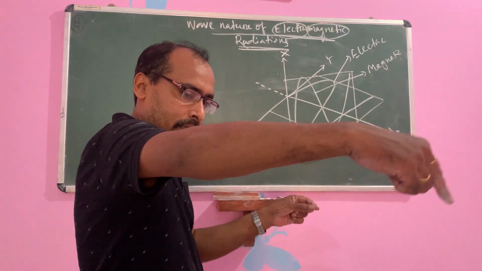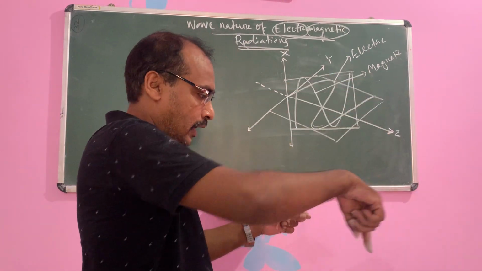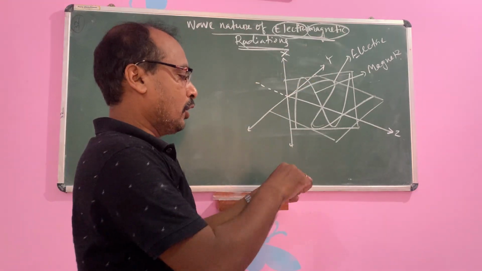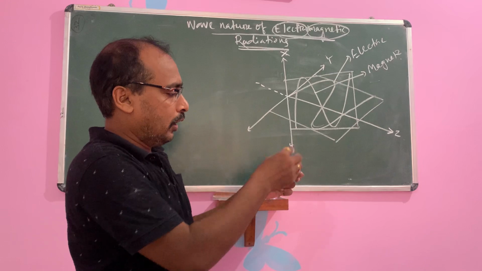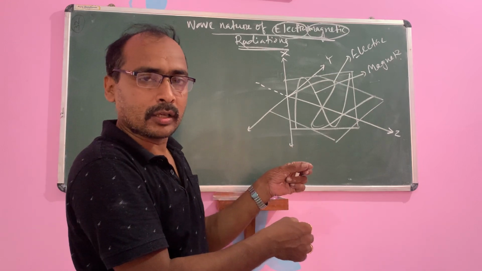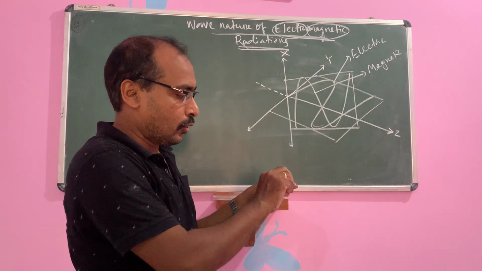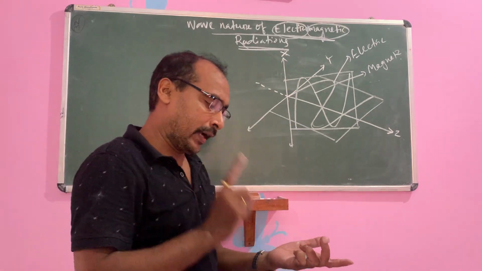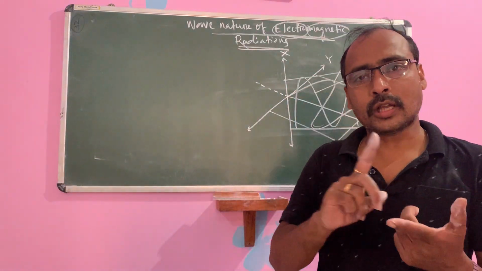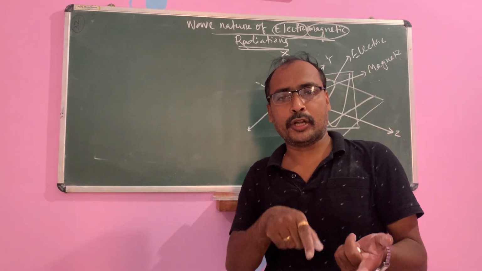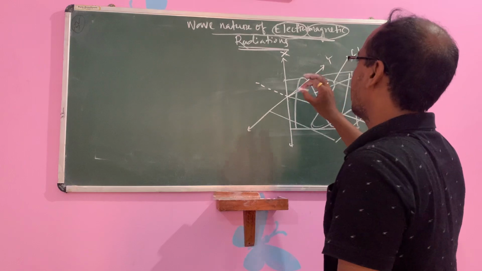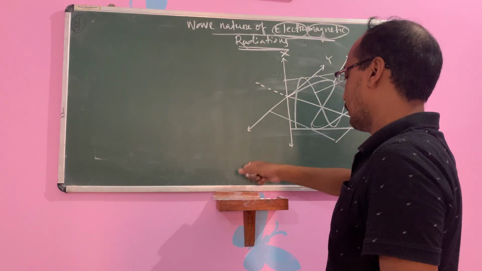It will go horizontally, and the magnetic field will go vertically. So the horizontal and vertical will cross at 90 degrees, or not? And the wave propagation will also cut at 90 degrees, or not? So the magnetic and electric fields are both perpendicular, and again these are perpendicular to the wave propagation. That is known as electromagnetic radiation.